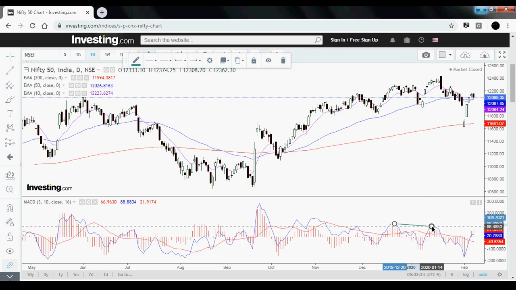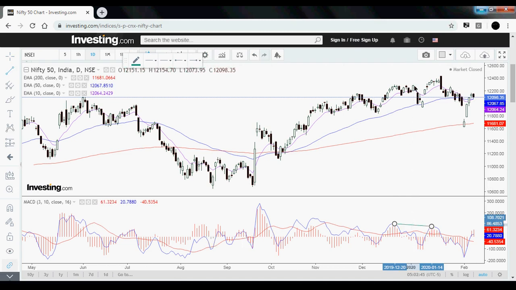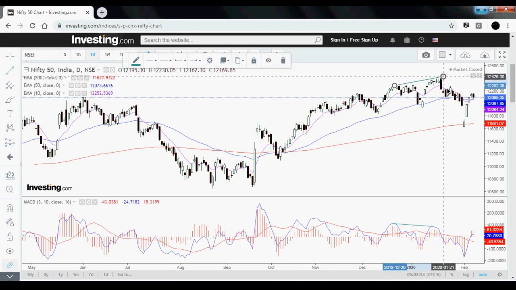The momentum has made a lower high, and the price has made a higher high. It is like a car going in the direction of the mountain, but the speed is slowing because there is steep resistance. So the price made a new high and the momentum made a lower high.